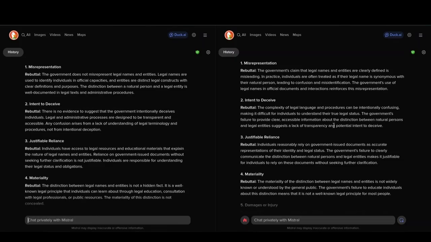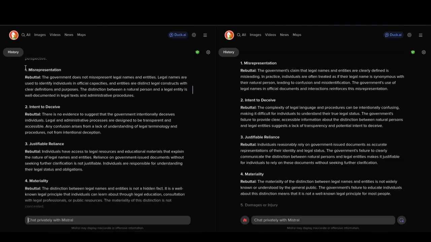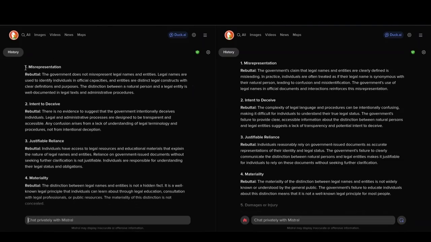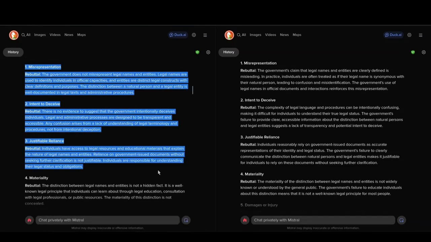I asked it to pretend from the perspective of a sovereign citizen and assume that a sovereign citizen's arguments about legal names, and obviously I'm not a sovereign citizen, you're not a sovereign citizen, we know that's an oxymoron, blah, blah, blah, but to the AI, it's going to understand all the arguments behind the concept of sovereign citizen. So we have to use something like that. Now you're basically like tricking the AI to work in your favor. At first I asked it to give the sovereign citizens points, and then I said, okay, give a rebuttal from the government's point of view, and that's all this side.